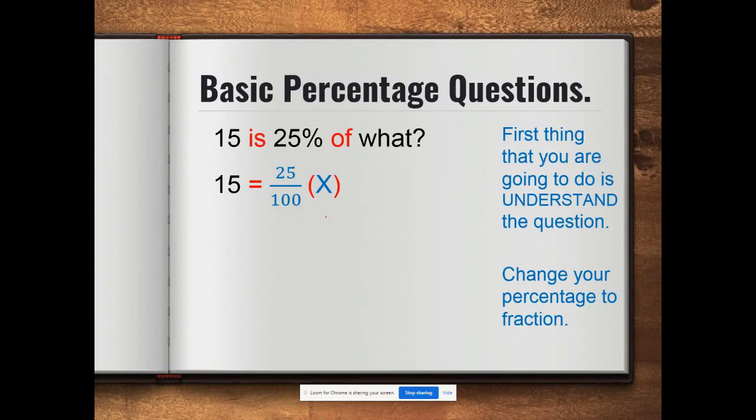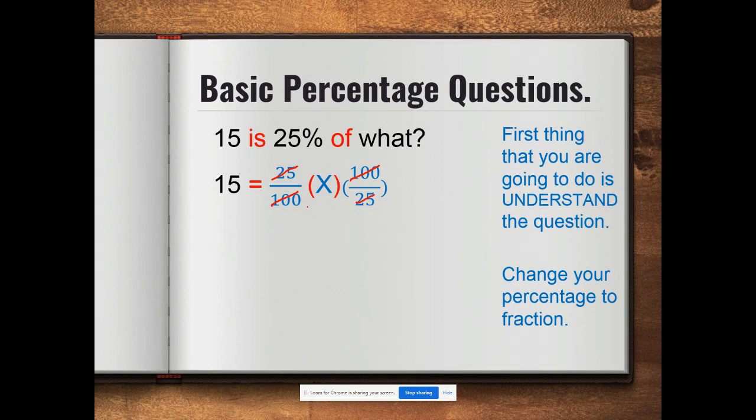Now simplify it. What we want to do is to make x alone here on the right side, but we cannot just transpose 25/100 to the other side because when we do that, they should be together. So what we're going to do is to multiply it with the inverse, 100/25, so that we can cut this 100 and also the 25.